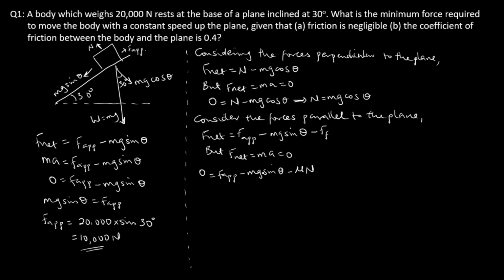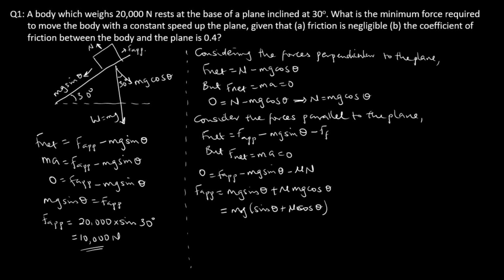So if we make our force the subject of the formula, we'll have that applied force is equal to mg sine theta plus mu N. But don't forget we had earlier established that N is mg cos theta, so we can write mg cos theta, which implies therefore that the applied force is mg into sine theta plus mu cos theta.